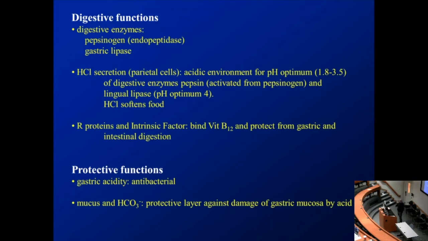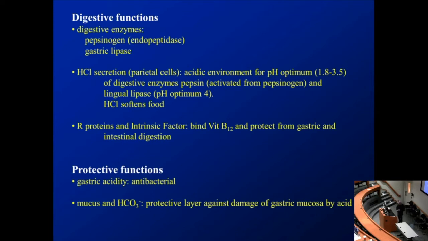So if you go from a pH of 7 to 2, you have 5 orders of magnitude change in concentration. That is huge in terms of how much acid has to be produced to get an average pH in the lumen of the stomach.